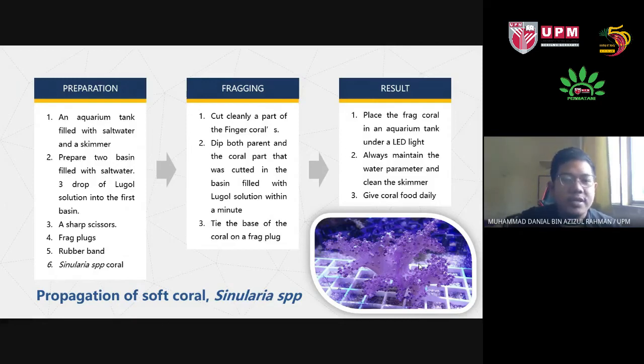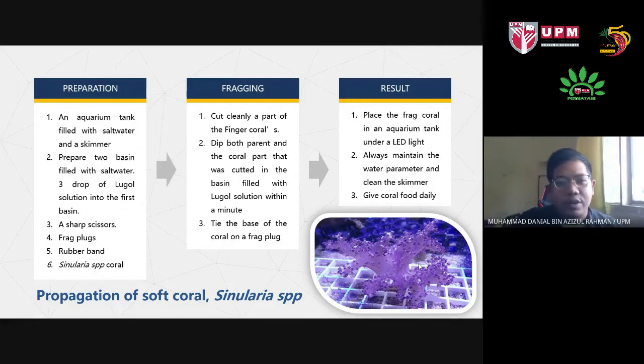Two basins: one basin has 3 drops of Lugol solution for coral healing, and the second has standard salt water. Also a sharp scissors, frag plug, a rubber band, and the material itself, the Sinularia species or ladder corals. So let's move on to the fragging part.